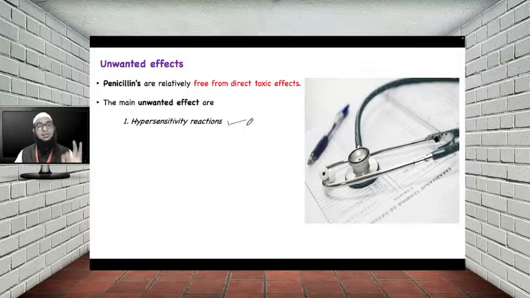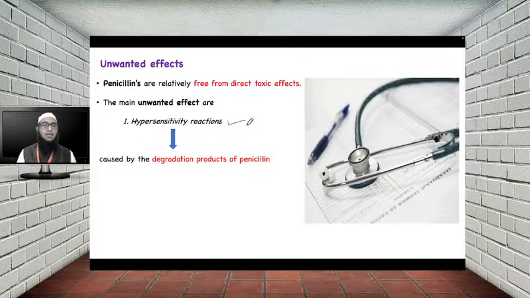Now let's see what exactly happens in a hypersensitivity reaction related to penicillin. Here, it is the degraded product of penicillin, or you can say the metabolite of penicillin. After the drug goes into the systemic circulation, it will be converted into different metabolites, and these metabolites are called degradation products of penicillin.